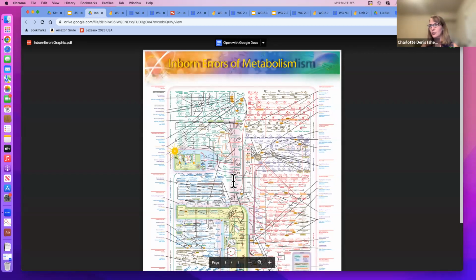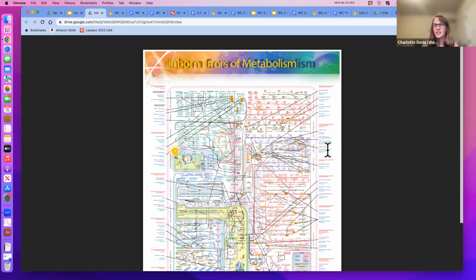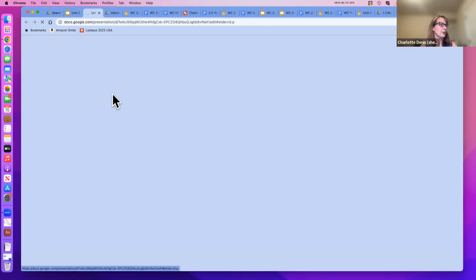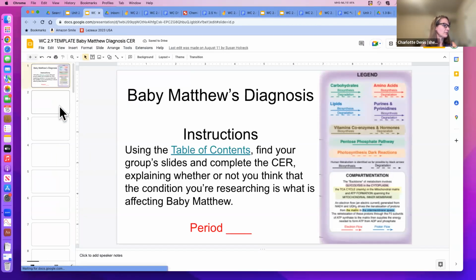Obviously in the electronic version, you can't read all of the information on the sides, but each one in the margins is the name of a metabolic condition that has been defined as being caused by a deficiency in one or more enzymes in some kind of metabolic pathway. And so we have selected, I think, about 15 of these, and you can see in the slides template what the names of them are.